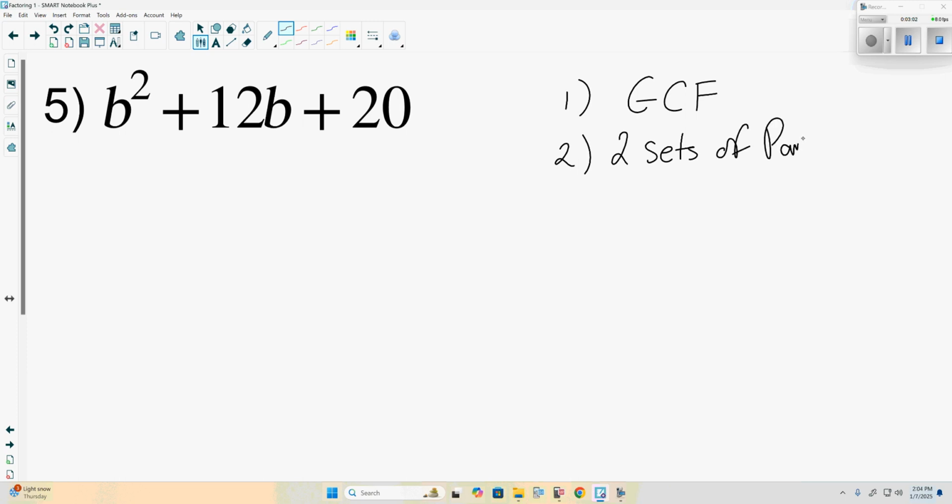Step 2 is our 2 sets of parentheses with 3 spaces.